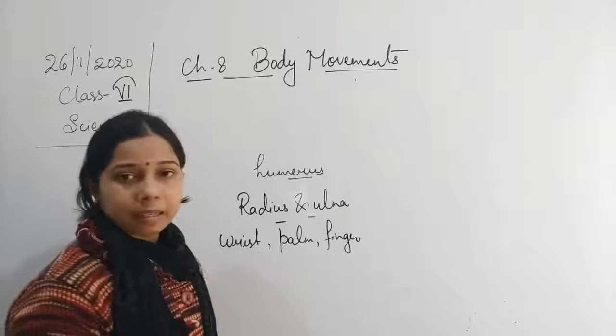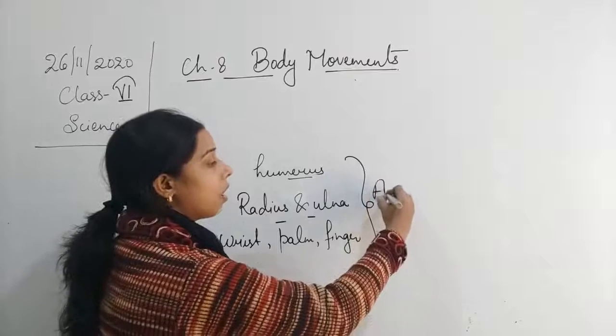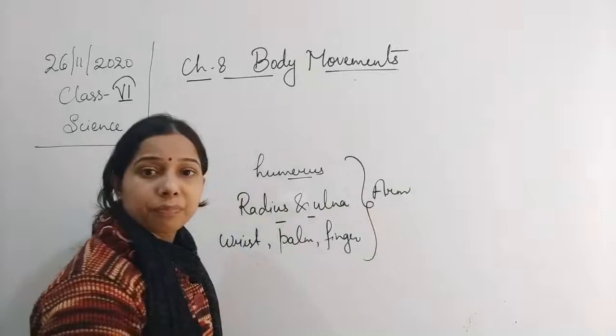So this is about the types of bones present in the arm.